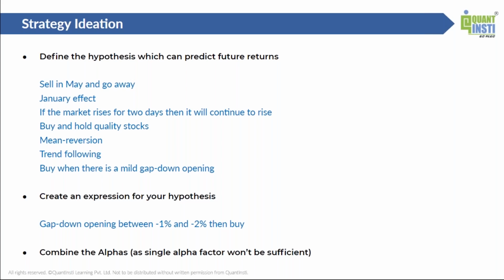So your next step is to actually put some numbers or define an expression which can be tested. So what I've done is I just put in some numbers such as if the gap down is between -1% and -2%, then go ahead and buy this stock or index. So that is I'm converting a vague statement into a meaningful expression which can be backtested.